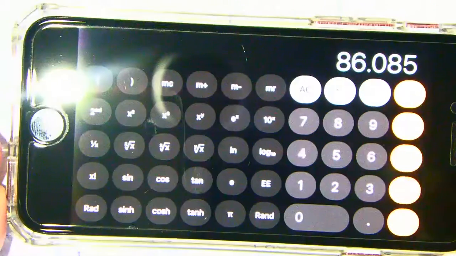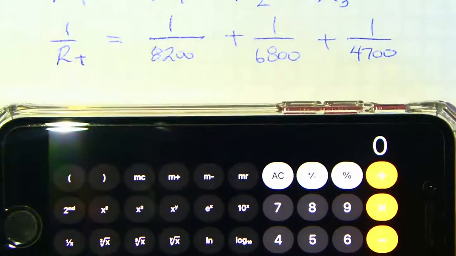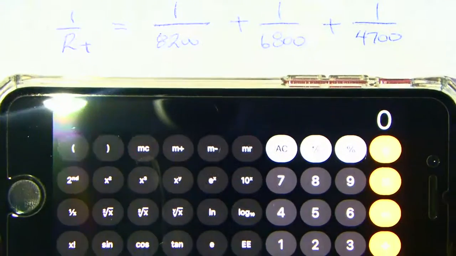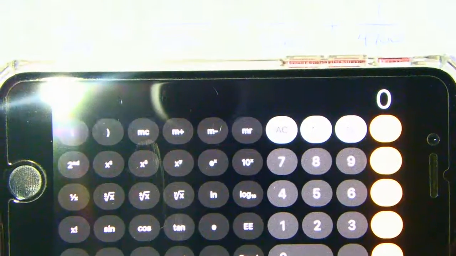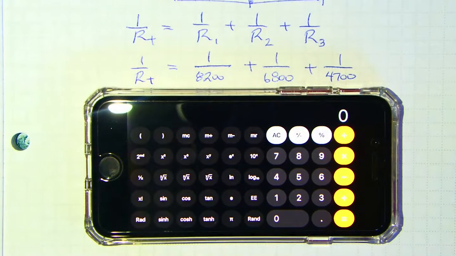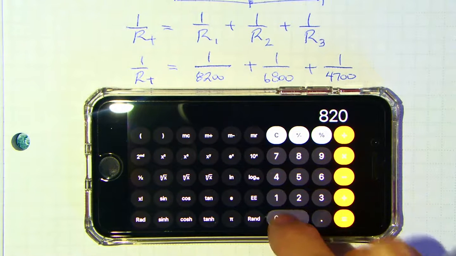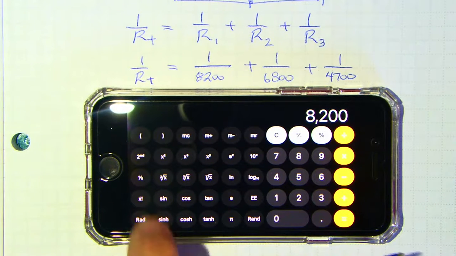And so the way this works, if I start over with 0, the way this works is that if I have 1 over 8,200, I can just push 8200 and then the 1 over x key.